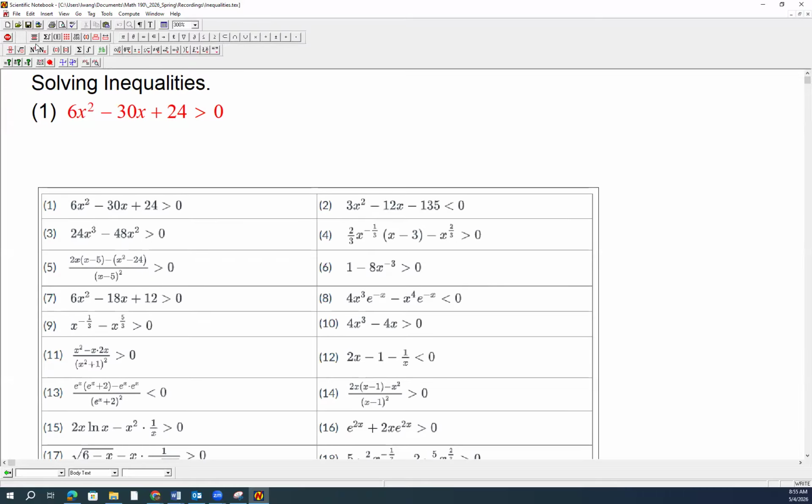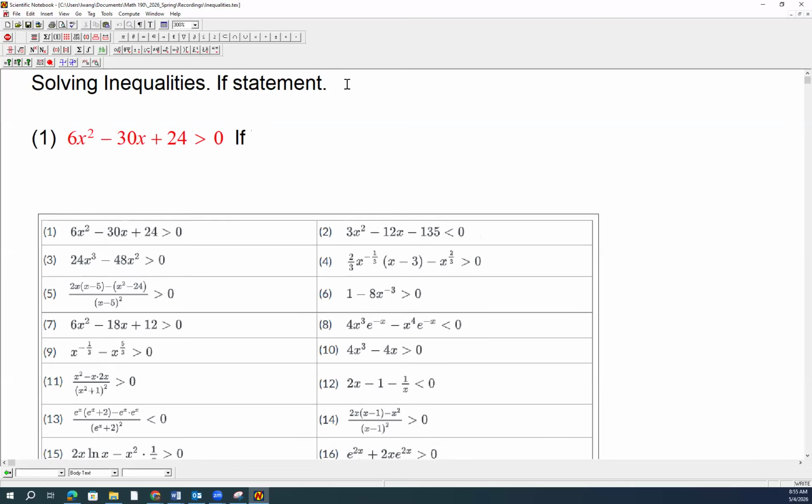Solving inequality, we need to understand these statements are all actually if statements. What do we mean by if statement? When you're asked to solve an inequality like this, usually we say solve for x.